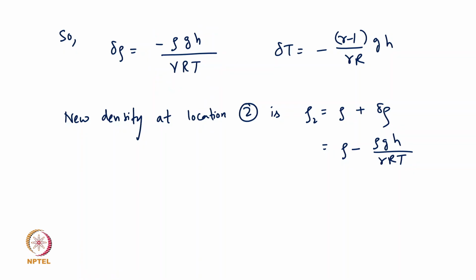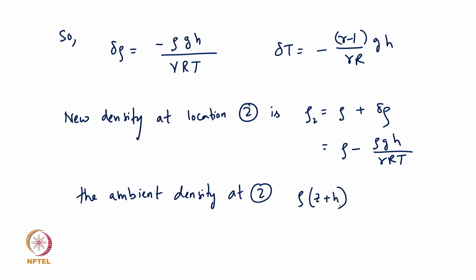However, the ambient density at 2, rho z plus h, is approximately equal to rho z plus d rho by dz times h. This is a simple Taylor series expansion about this point z. So this is the ambient density at point 2.